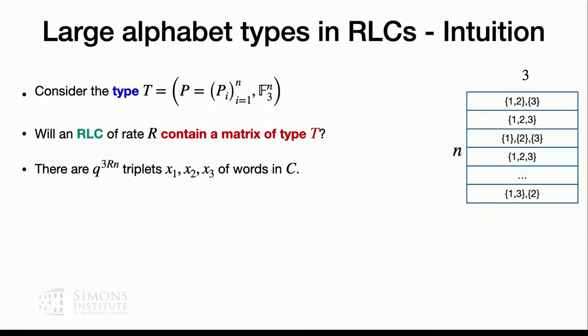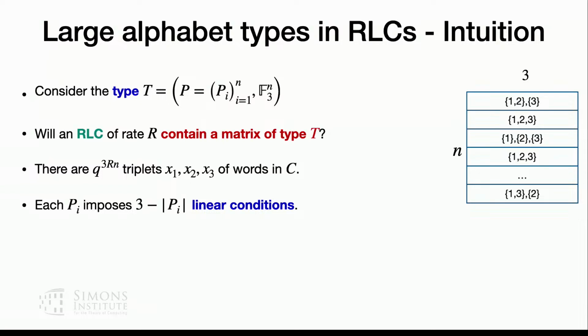Now the question is, what's the probability that such a triplet, or how many such triplets do we expect to satisfy these partitions? Each partition imposes some linear conditions on x1, x2, and x3. How many conditions?